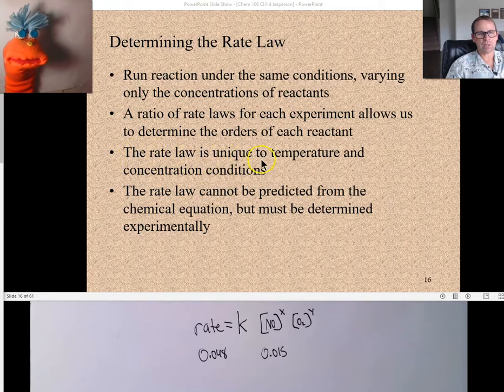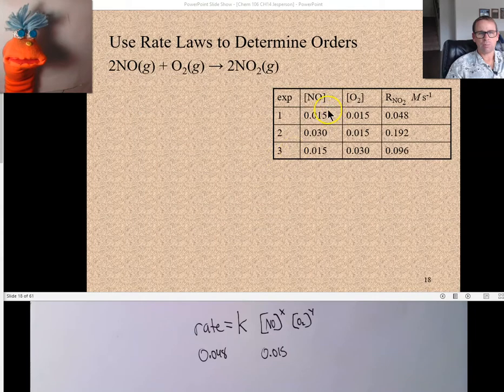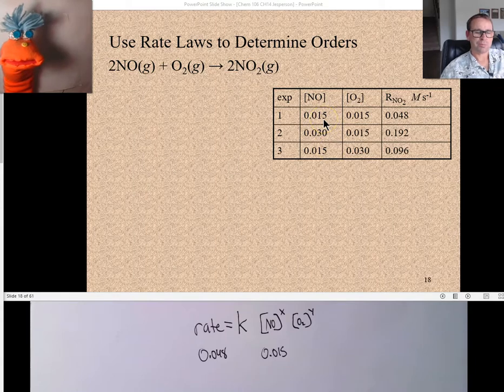This is true that the rate law is unique to temperature, but when it says it's unique to concentration conditions, if you change the concentrations like this, it doesn't actually change the K value. You can influence this K value by extreme changes in concentrations, but slight changes like this aren't going to change the K value.